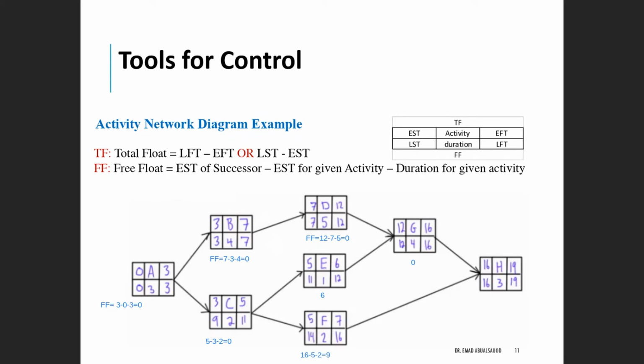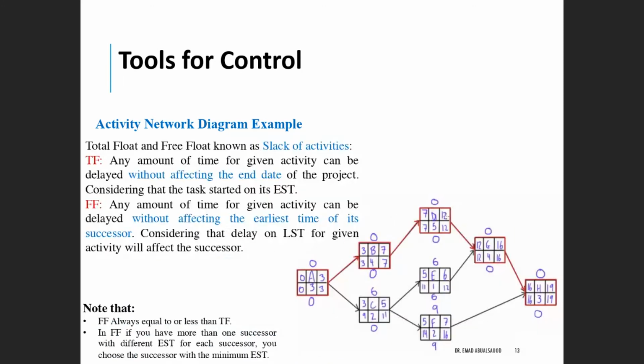Okay. This is how we calculate the free float. And what does the free float mean? Let's highlight those notes, and please pay attention to them in this slide. This slide is very important, and it explains a lot of the questions you may have in your mind now.